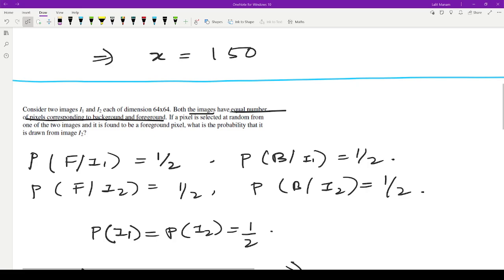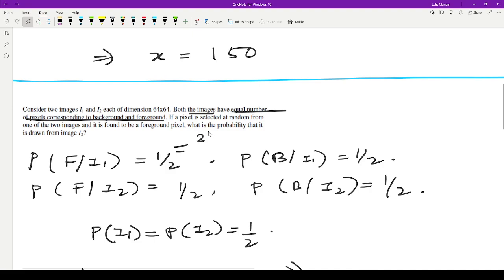So it's 2 to the power 12 pixels per image, which is 4096. So there are equal numbers of pixels corresponding to background and foreground. That means 2 to the power 11 pixels correspond to background and 2 to the power 11 pixels correspond to foreground.